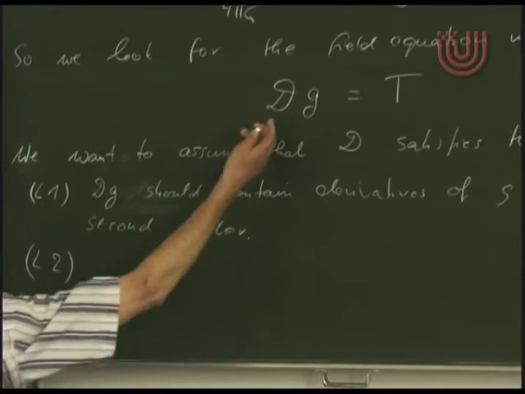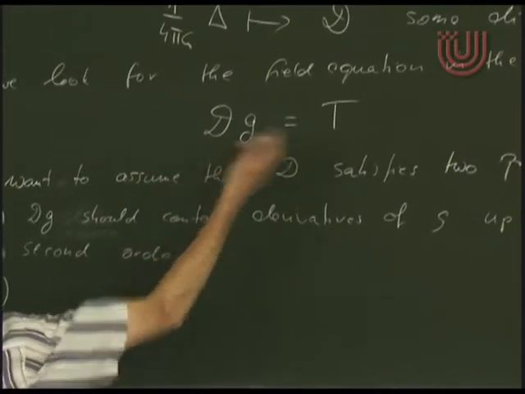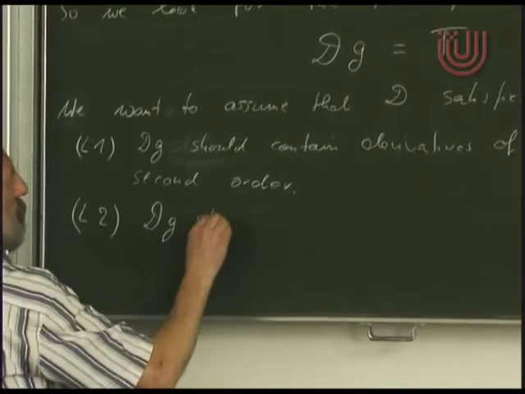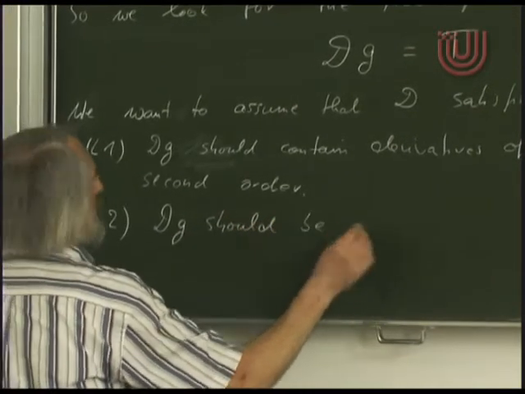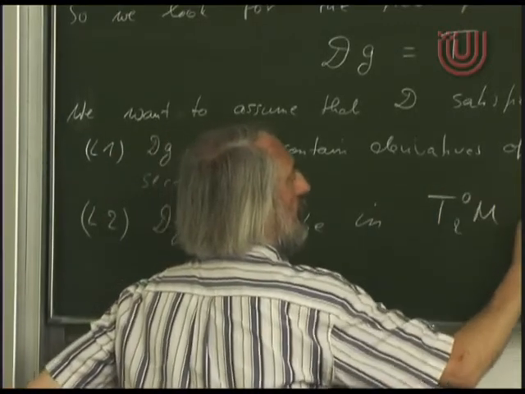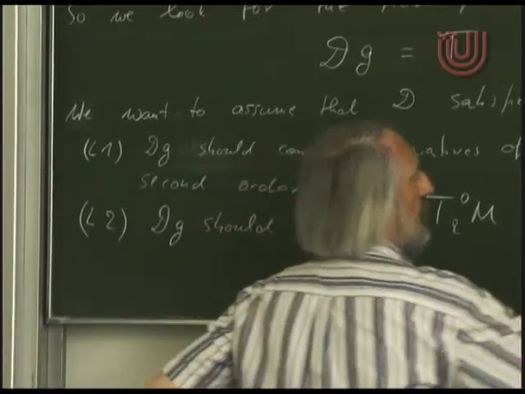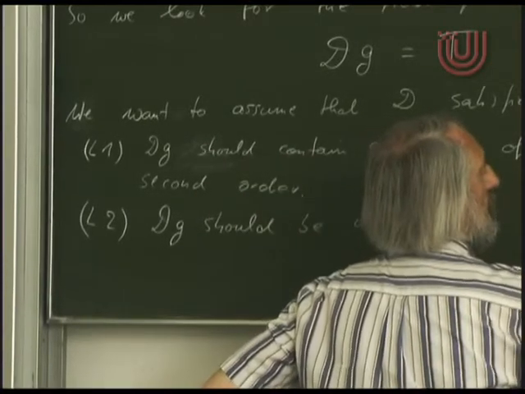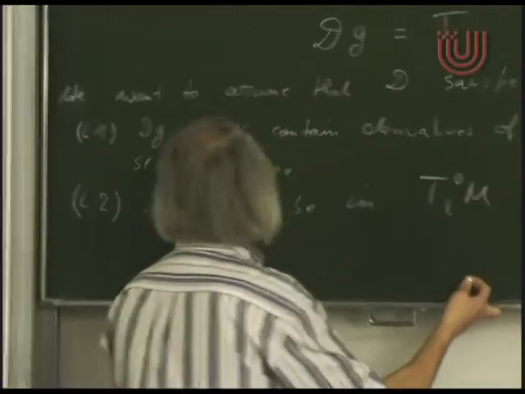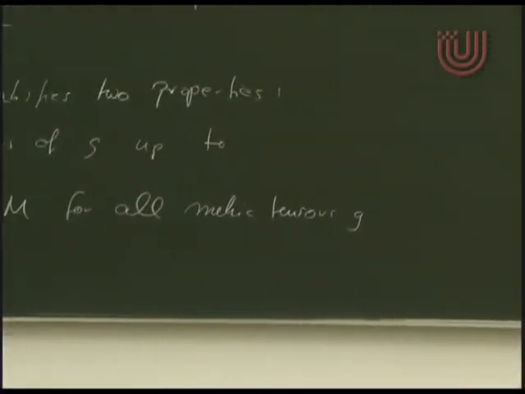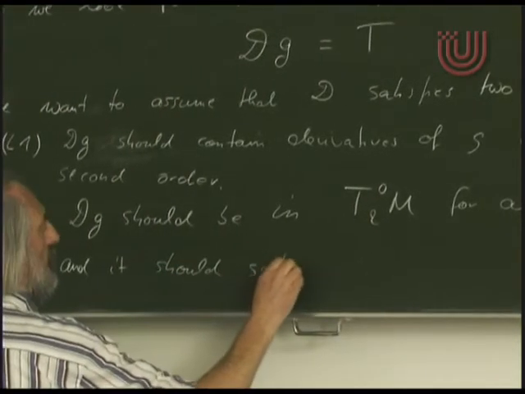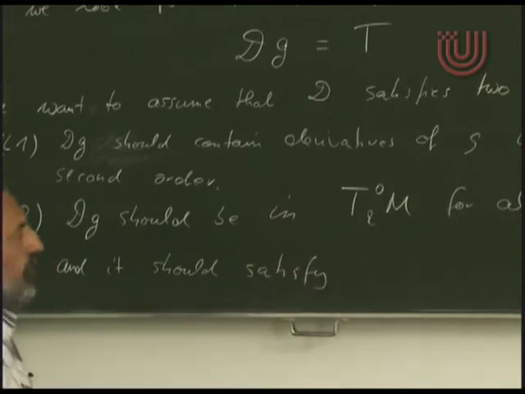So first of all, it should obviously map the g into a second-rank tensor. So D g should be in T^0_2 M for all metric tensors g, and it should satisfy this equation.